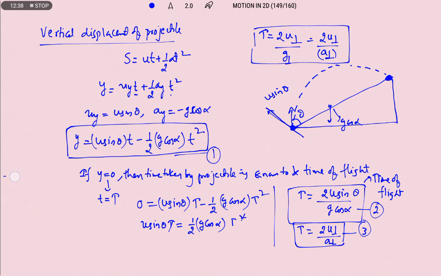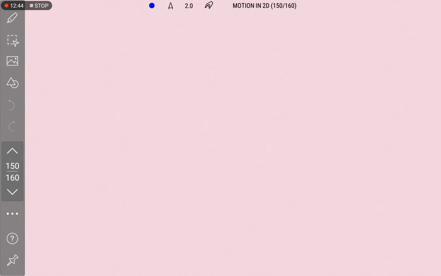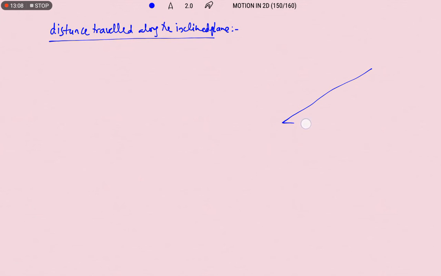Now let us find out the horizontal distance traveled along the inclined plane. So distance traveled along the inclined plane is nothing but along the x-axis.